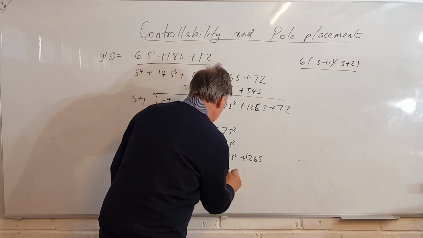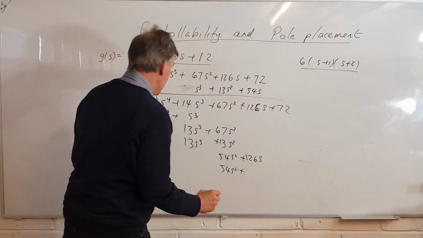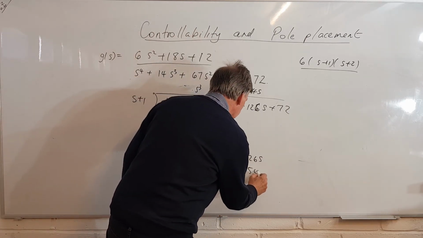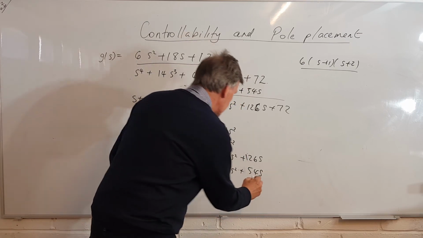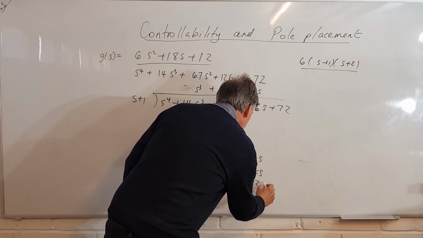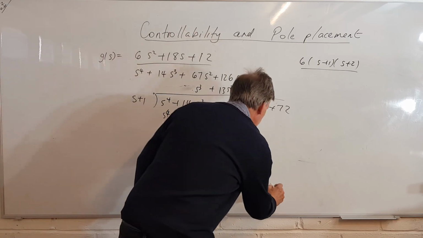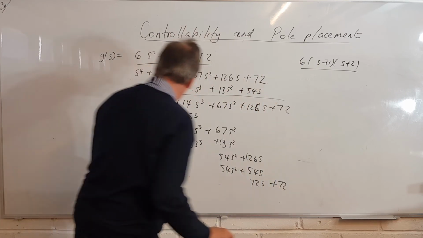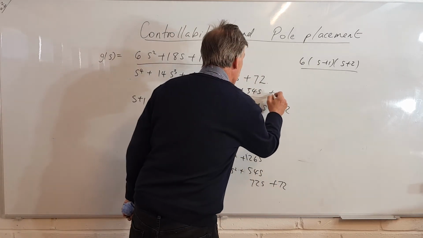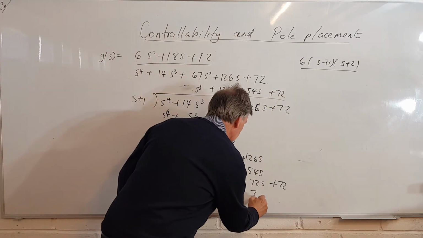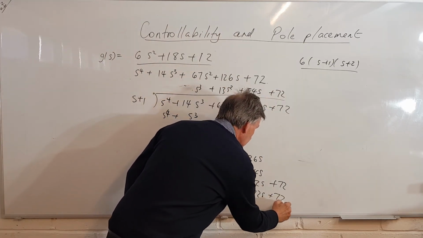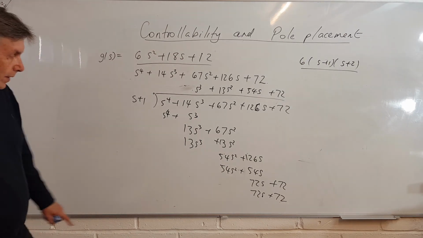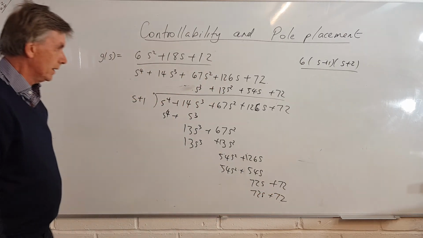That gives us 54s squared plus 54s. Subtract these, 72s. Bring down the 72, and this goes into this plus 72. This gives us 72s plus 72. So when these completely cancel, you know you've done it correctly.